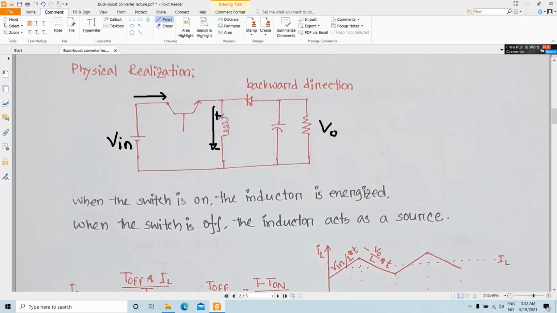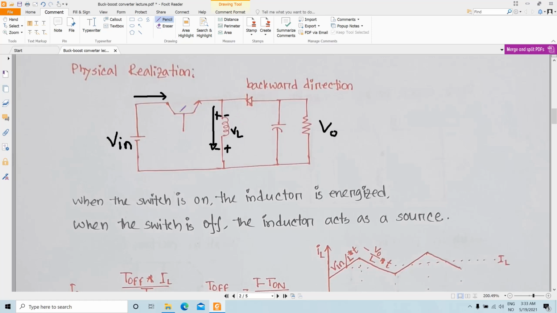As we know, the inductor current does not change instantaneously, so whenever you turn off your switch, the inductor current continues to flow in the same direction as it was flowing before, and the polarity of the inductor voltage will change. So this is the inductor voltage polarity. The positive goes to the bottom side during the time when the switch is off.